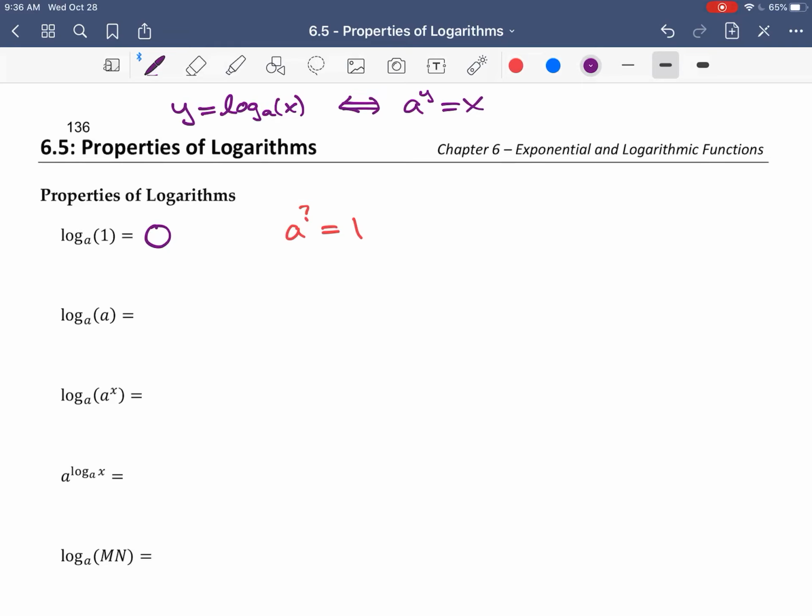Okay, now similarly, if I want log base a of a, so that's a to what power is equal to a. Okay, and this is a to the 1, so clearly the question mark here is 1. So this is going to be 1.